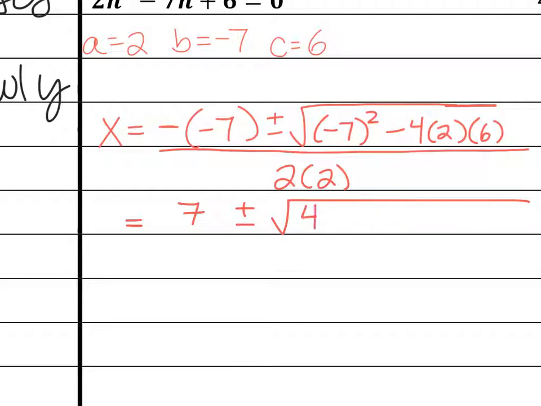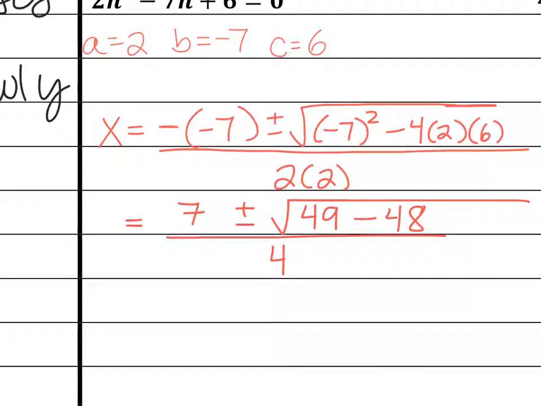Positive 49. Minus 4 times 2 is 8. 8 times 6 is 48, so minus 48. All over 2 times 2, which is 4. I think this one is going to work out pretty nicely for us, which is great.